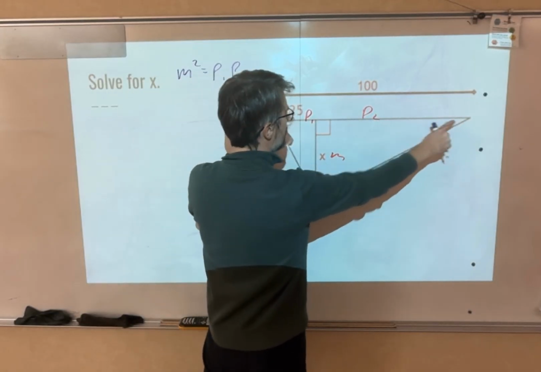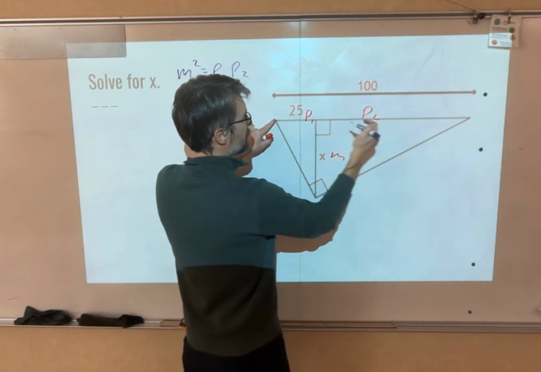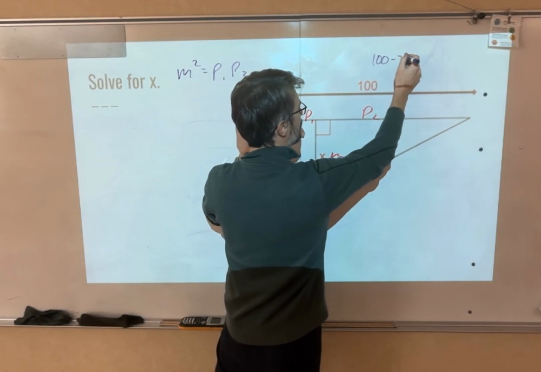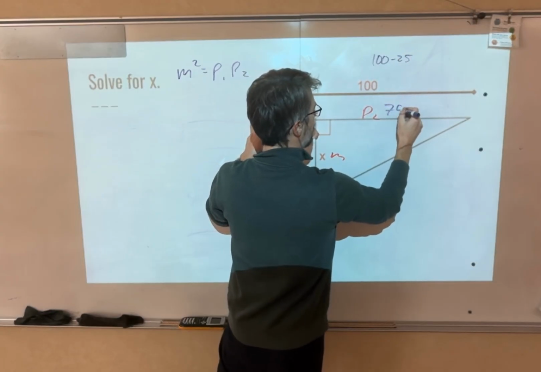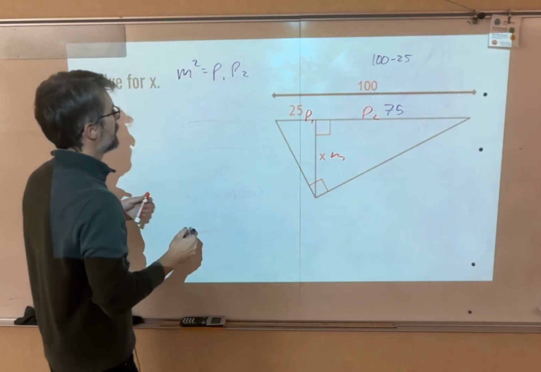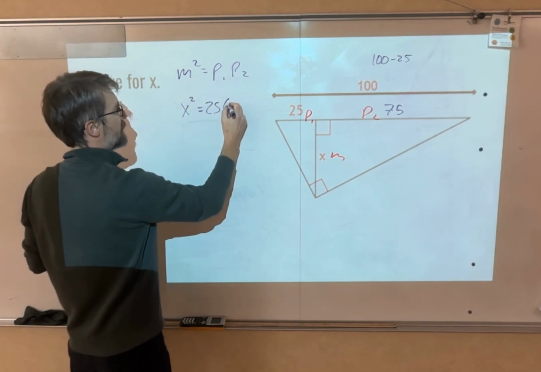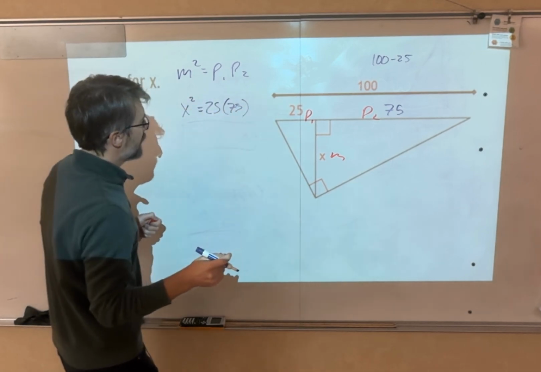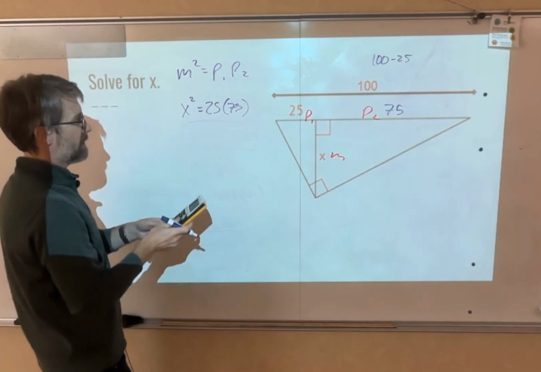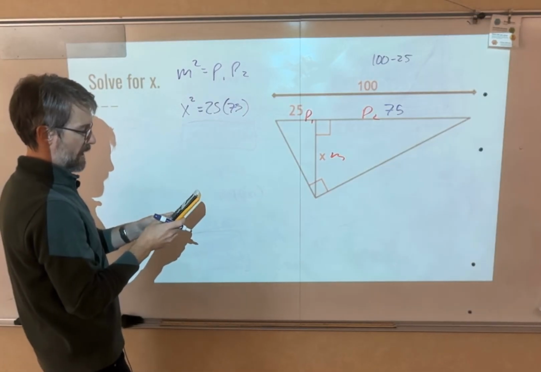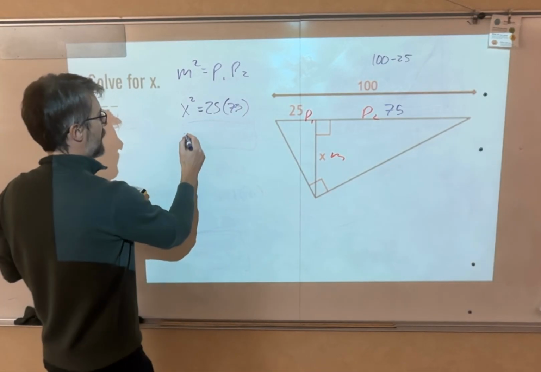If the whole thing is 100, this is 25. I'm going to subtract those two to get 75 for that side. Now I can just plug it in. X squared equals 25 times 75, and that is, I'm going to guess, 1875. Boom, got it.